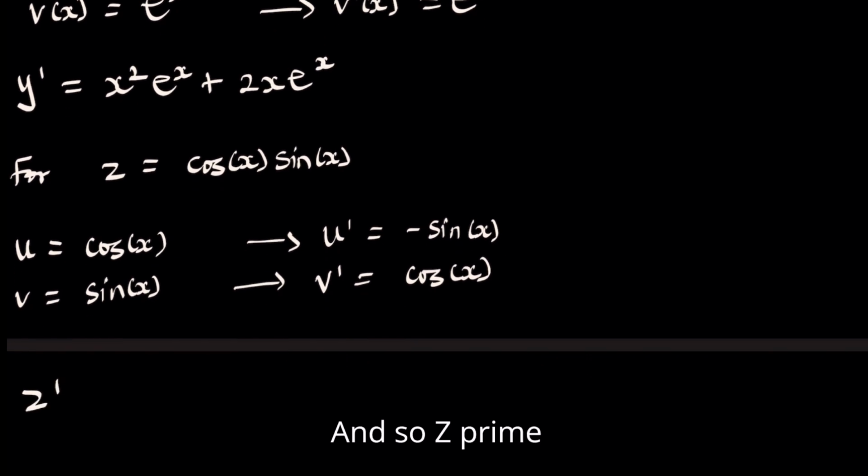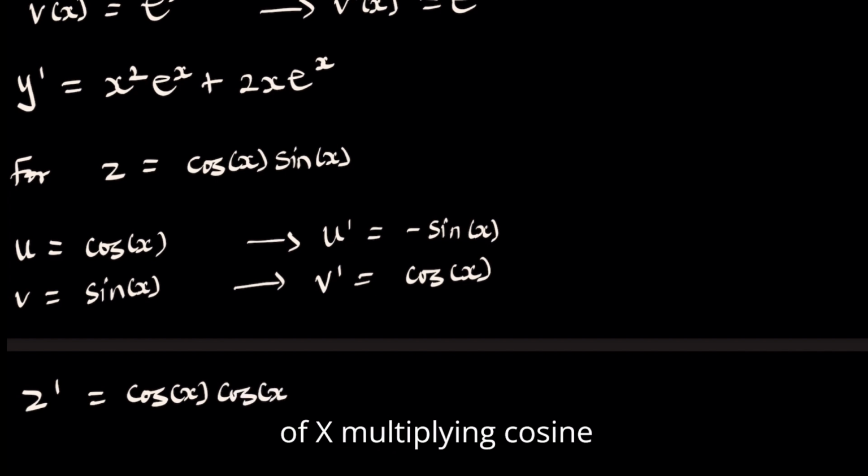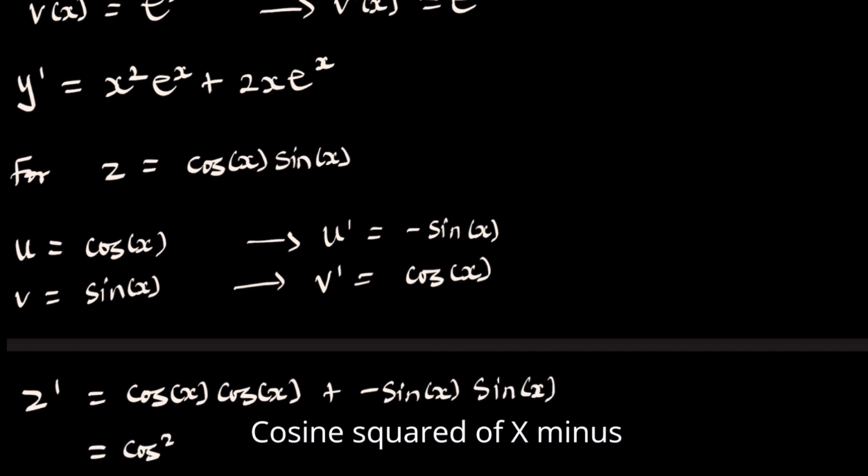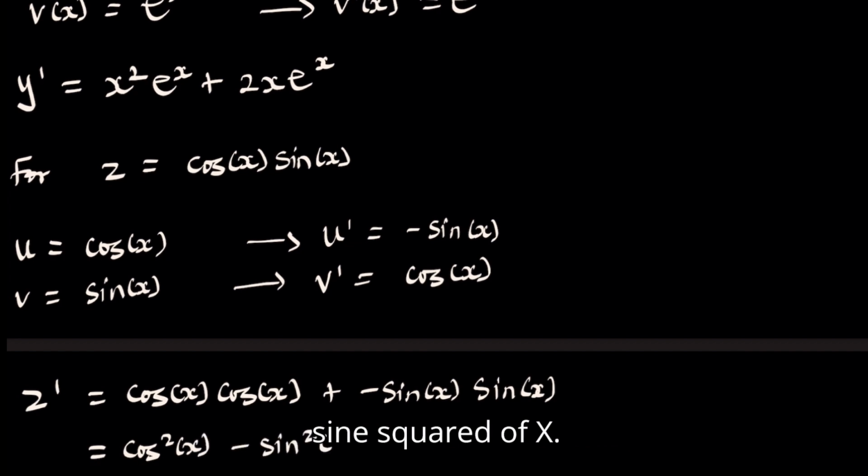And so z prime will be giving us u times v prime of x. Thus cosine of x multiplying cosine of x plus u prime times v of x. So that will be minus sine of x multiplying sine of x. Cosine squared of x minus sine squared of x.